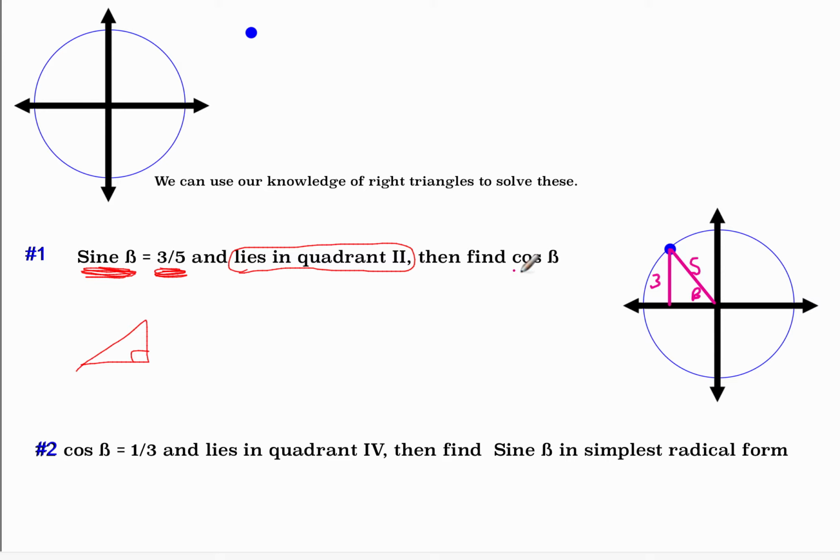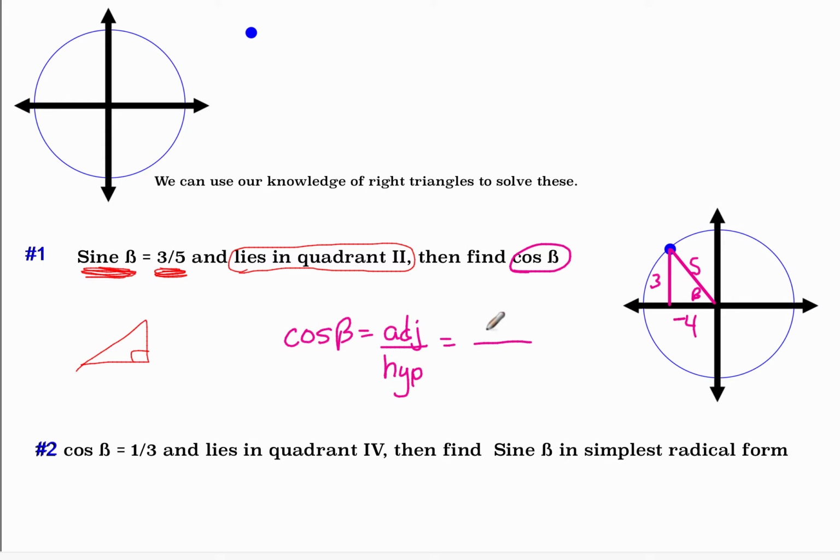They want us to find the cosine of beta. Well, the cosine of beta would be the adjacent over the hypotenuse. So hopefully you know this is a 3, 4, 5 triangle. However, now this is where people get a little confused.